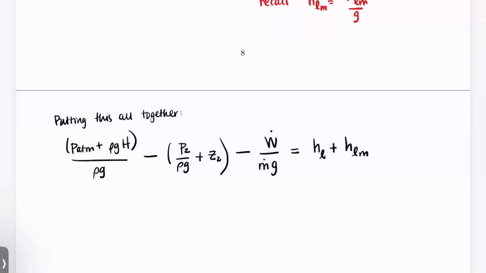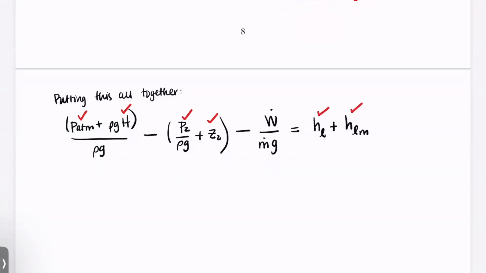I didn't write down the final numbers, but we have these losses already calculated. We know Z2, P2 is given. We know H, and we know obviously P atmosphere, density, and gravity. So we have everything to just solve this for W dot. Oh, and I should note, M dot is equal to rho times Q. So we have M dot as well.